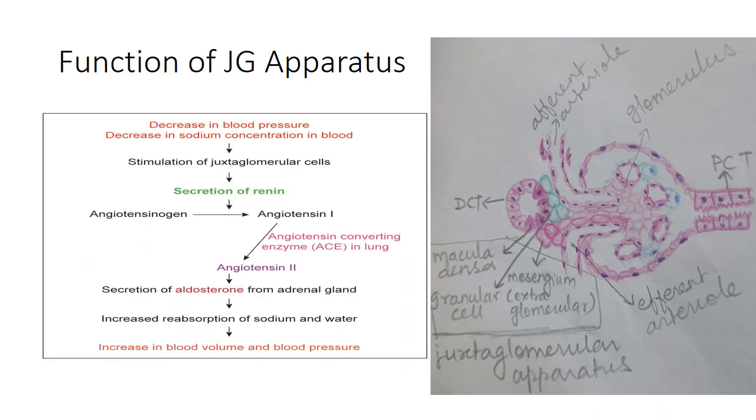Now we will see the functioning of the juxtaglomerular apparatus. So how does the juxtaglomerular apparatus work? The main function is regulation of blood flow. When the blood flow in the kidney is reduced because of low blood pressure, there will be a low volume of blood in the afferent arteriole, and this will cause release of renin from the kidney juxtaglomerular cells.